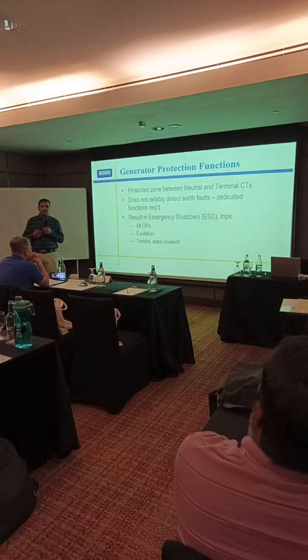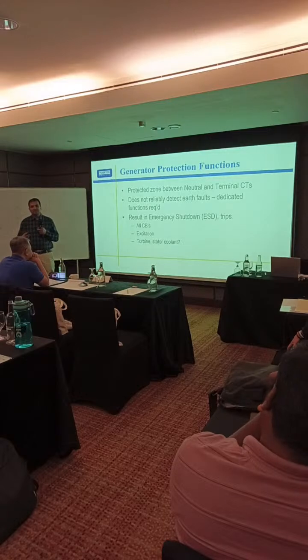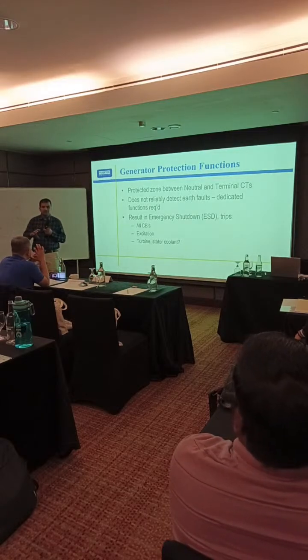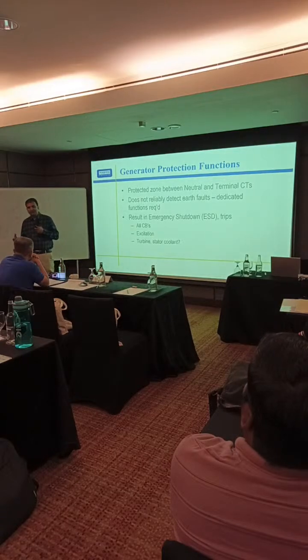Why? Because the generator neutral is grounded through the NGT, so there is a lot of impedance. The differential current, the earth fault current, does not flow so easily like in the transformer differential.